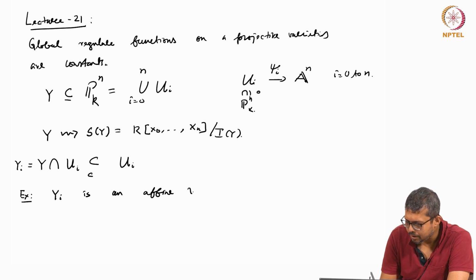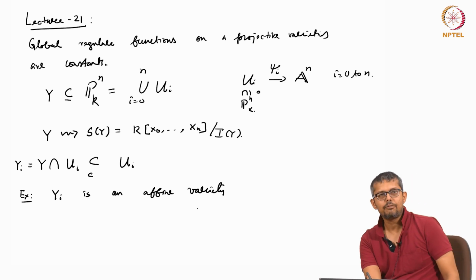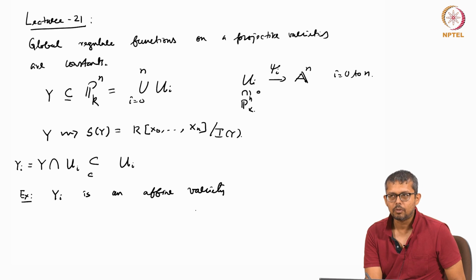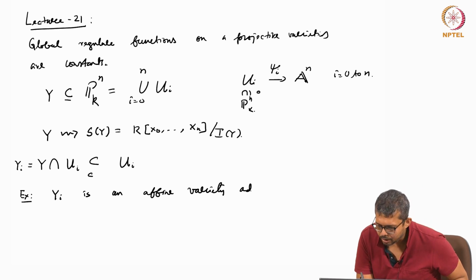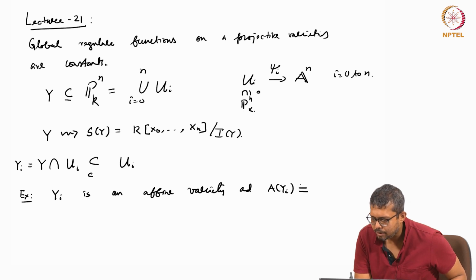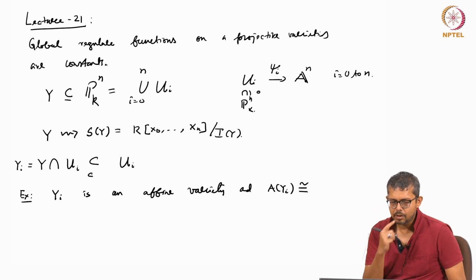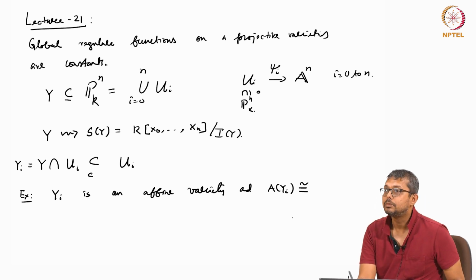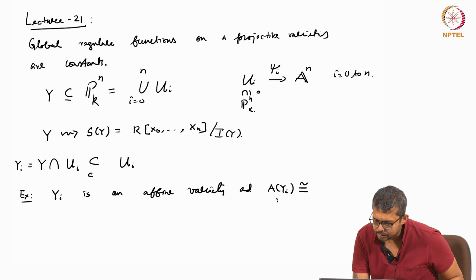Whenever something is affine, what is the coordinate ring of Yi? The coordinate ring A(Yi) is isomorphic to O(Yi).